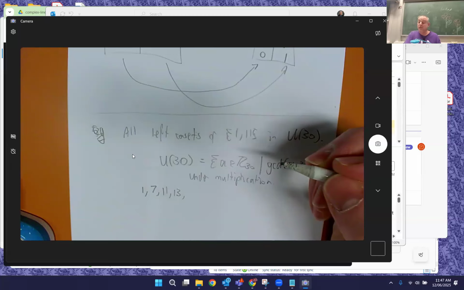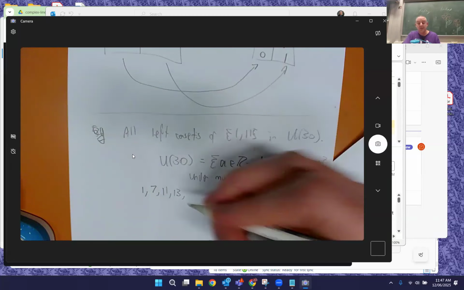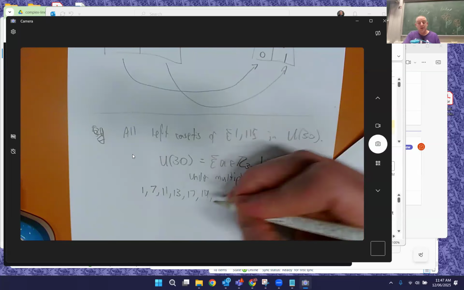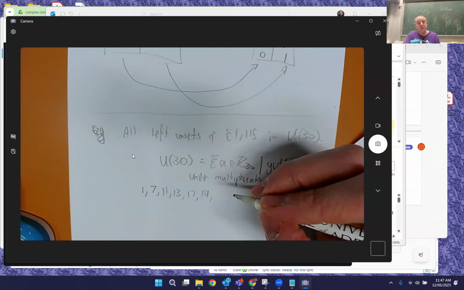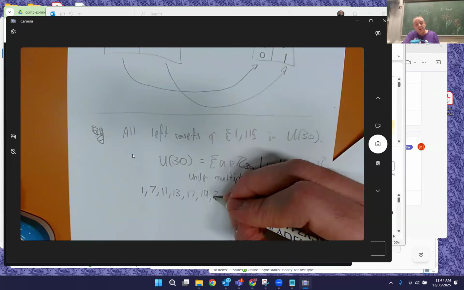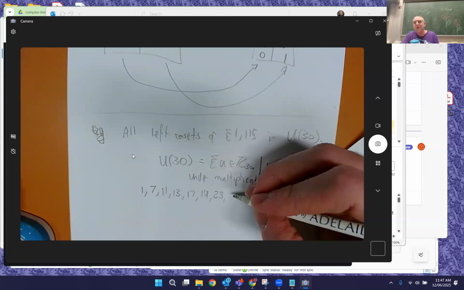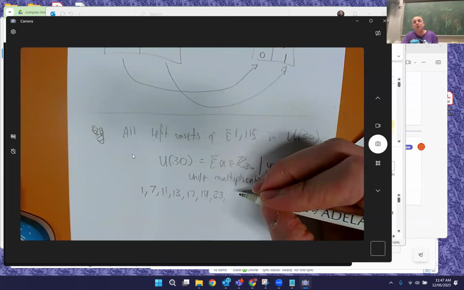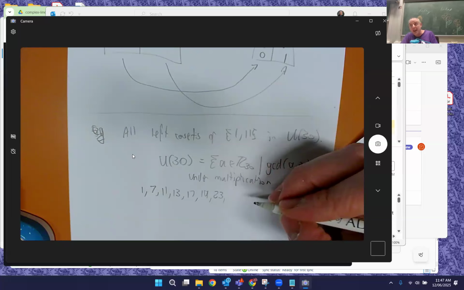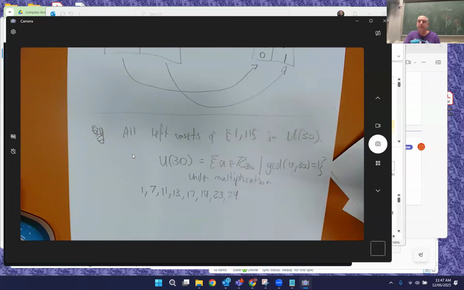It won't have 14 or 15 or 16. It will have 17. It won't have 18. It will have 19. It won't have 20. It won't have 21. Won't have 22. It will have 23, but basically the prime numbers. It won't have 24 or 25 or 26 or 27 or 28, but it will have 29.